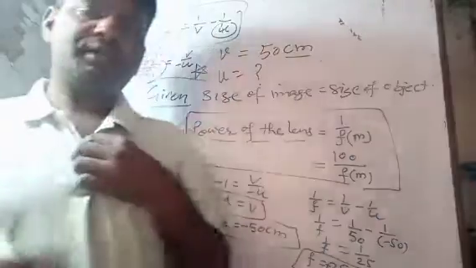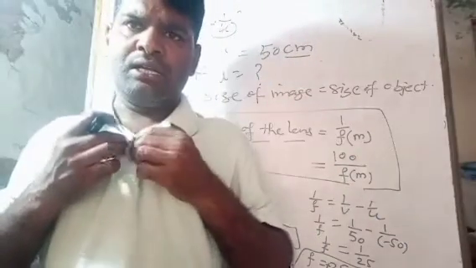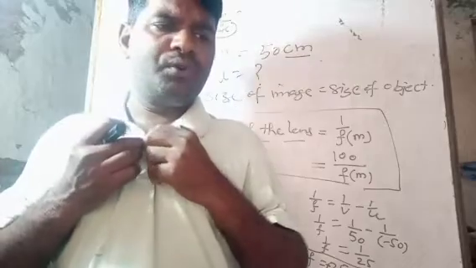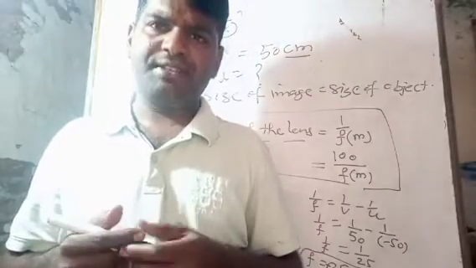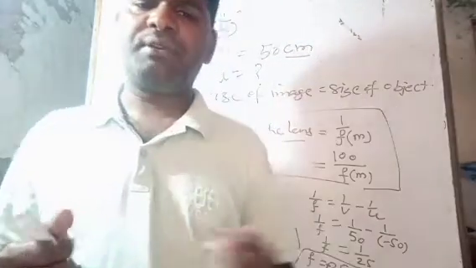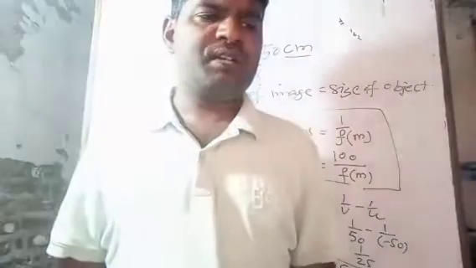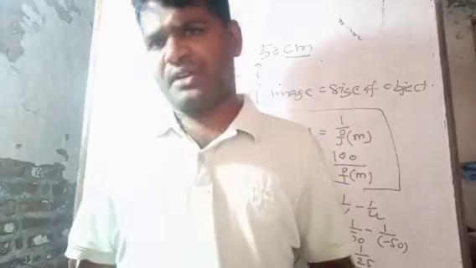Hello, my dear student. Today we shall discuss a few questions from the exercise of your Light chapter, that is chapter number 10, and we shall start from question number 10 onwards.